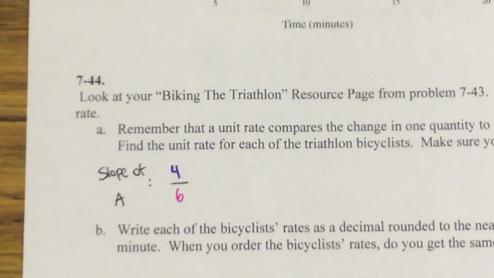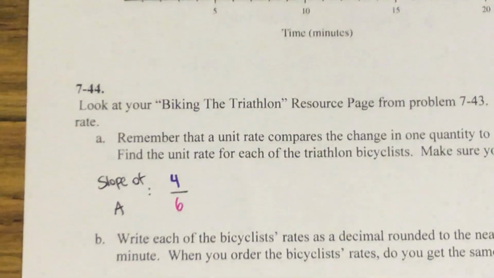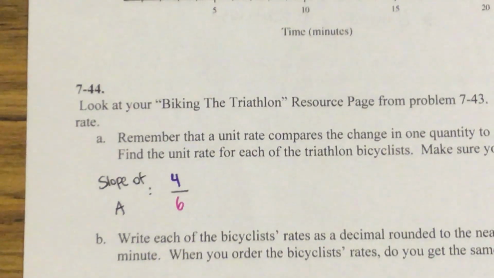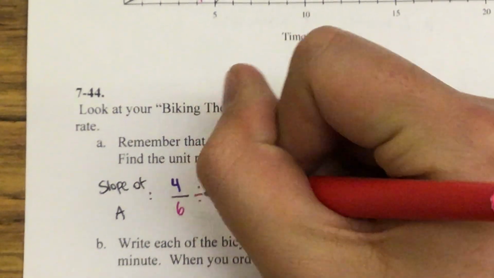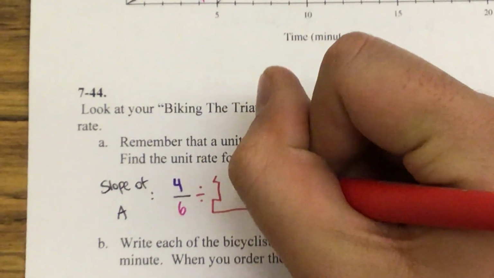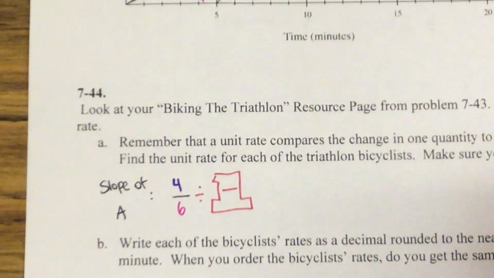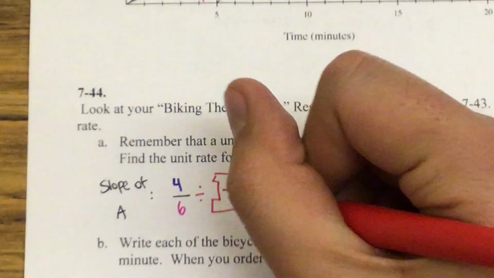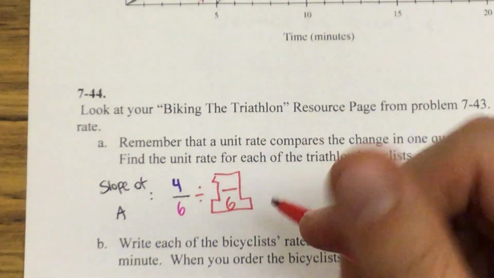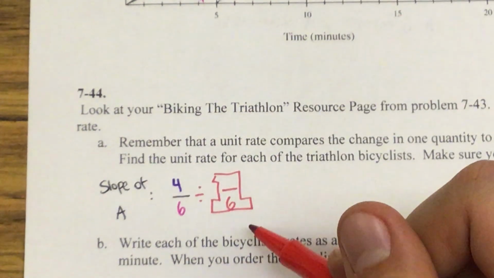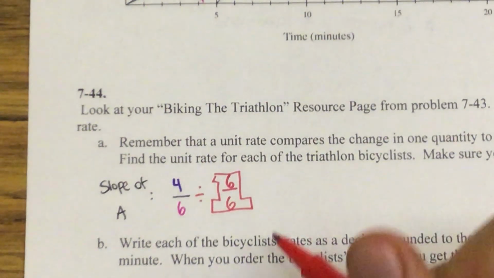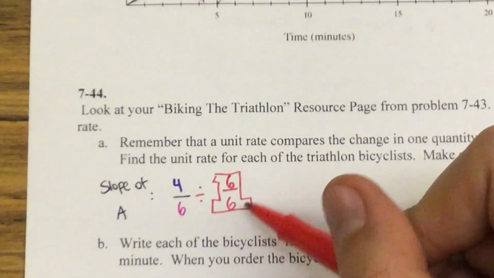Well, we need to divide, I'm going to use, let's see, what's a good color? Divide by what we call the giant 1. We want to divide by 6 to get 1 at the bottom. If we divide the bottom number by 6, we also need to divide the top number by 6, because whenever we divide by 6 over 6, that's the same thing as 1.